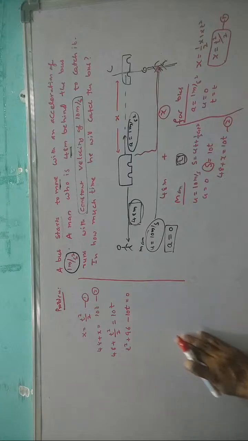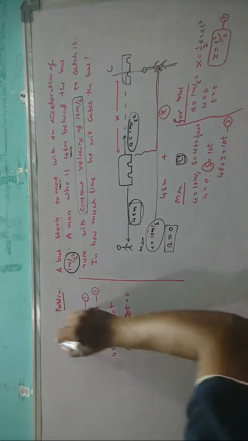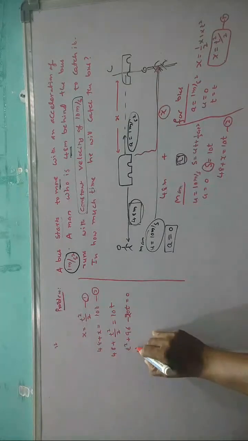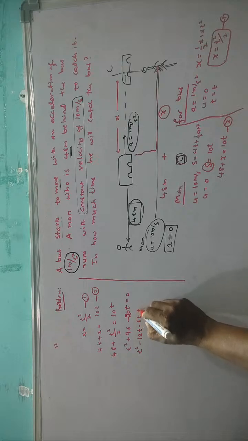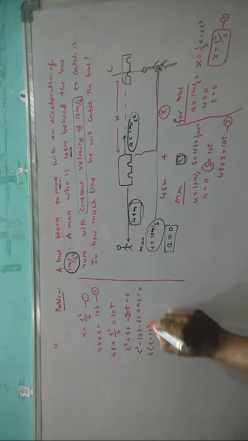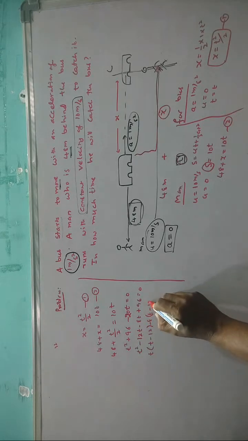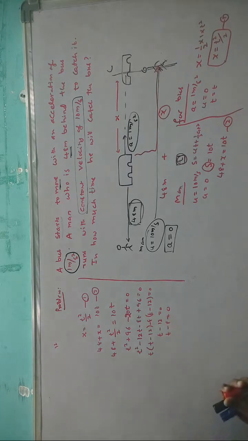How can we split here? 96 is 12 into 8. So t square minus 12t minus 8t plus 96 equal to 0. t into (t minus 12) minus 8 into (t minus 12) equal to 0. So t minus 12 equal to 0 and t minus 8 equal to 0.